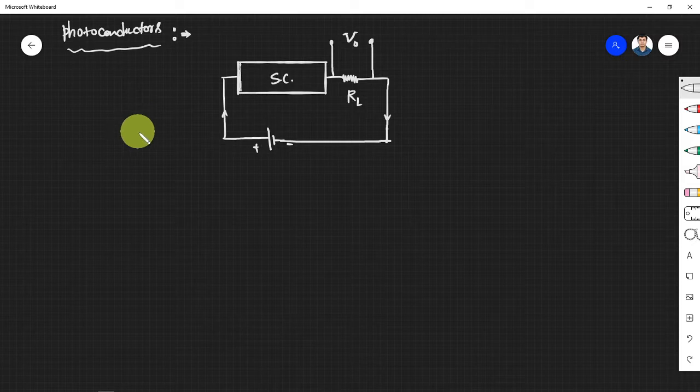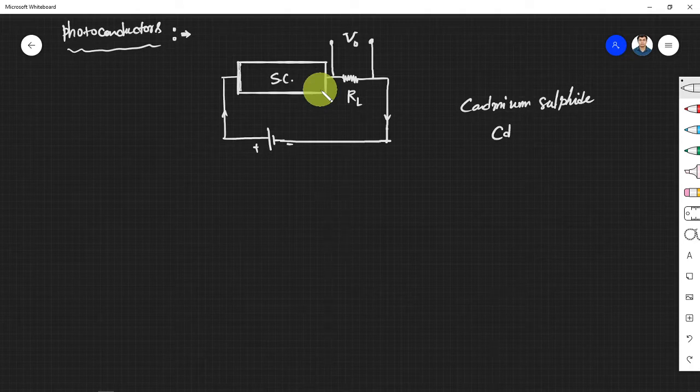How this device works is pretty simple. It's a semiconductor material, and most of the time, do you remember the material we use in an LDR? It's cadmium sulfide, CdS.